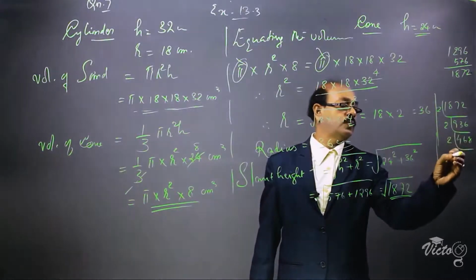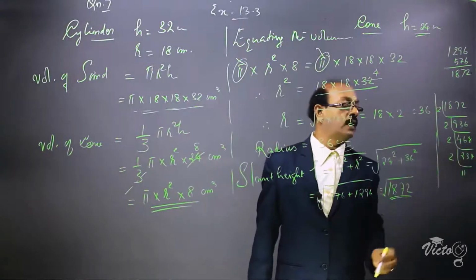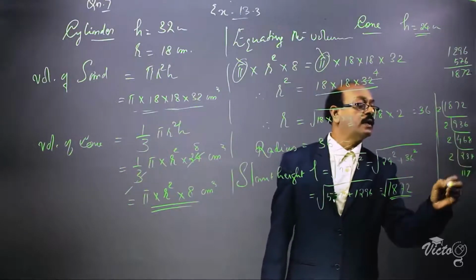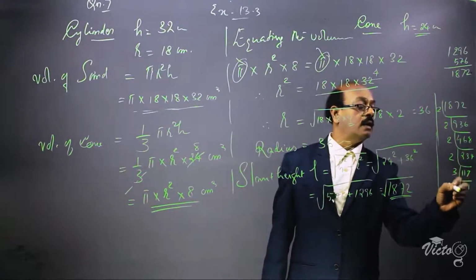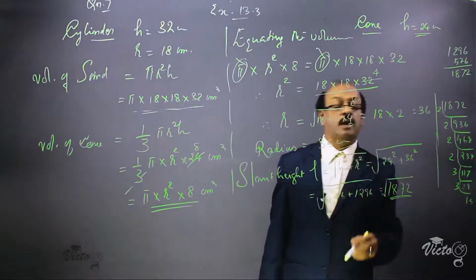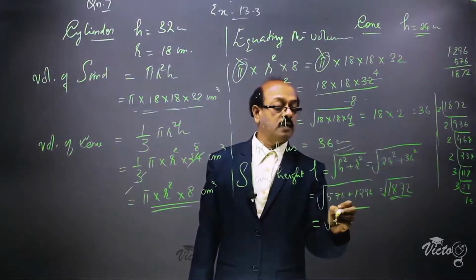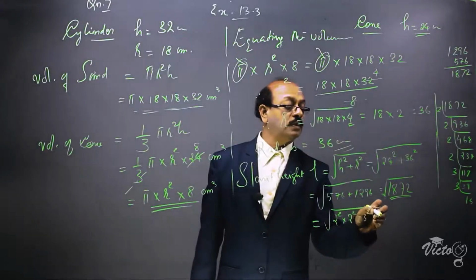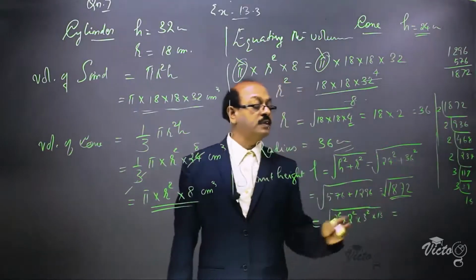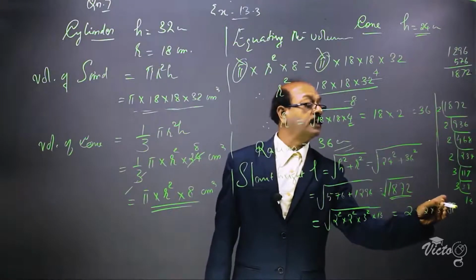Again with 2, 234. Again with 2, 117. Now with 3, 39. Again 3, it is 13. Now we are getting 2 square into 2 square into 3 square into 13. So the result is 2 into 2 into 3 into root 13.